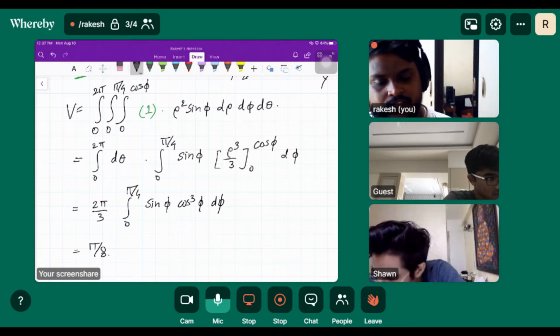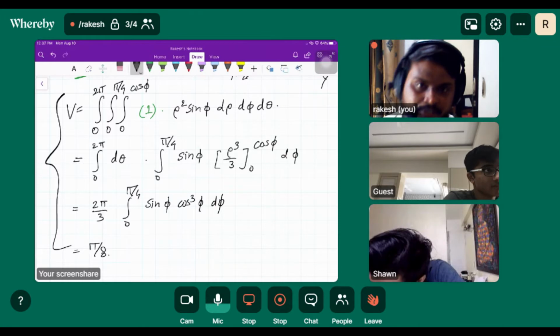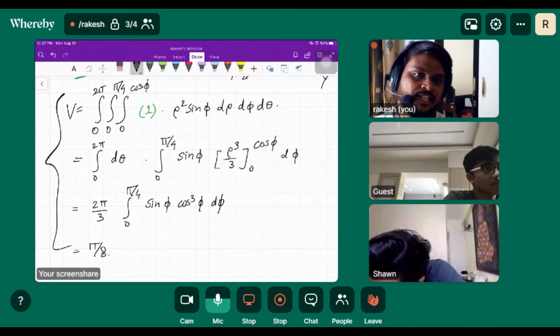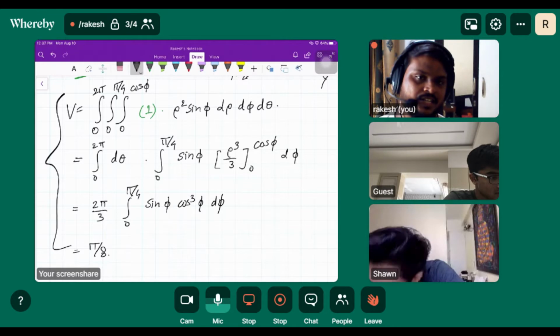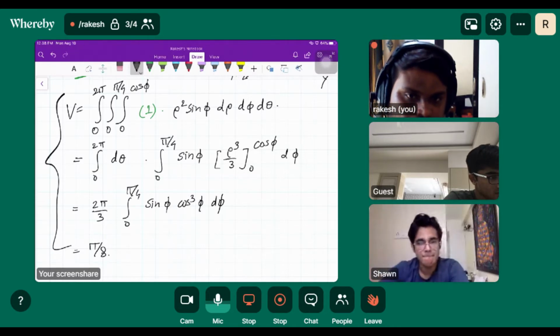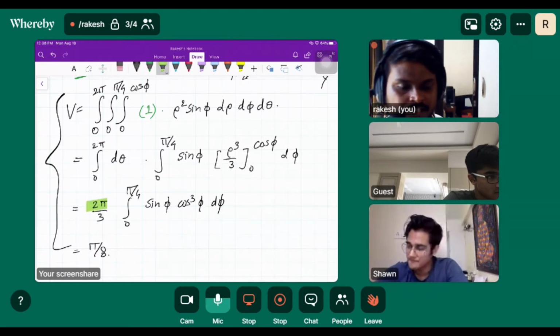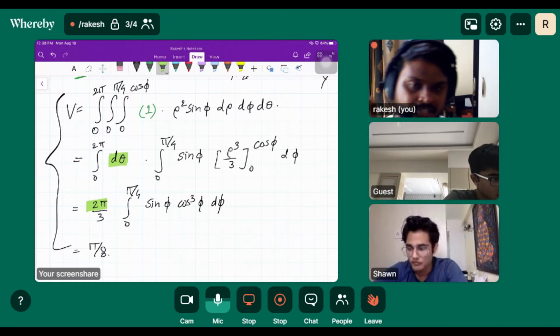See, while solving this integration, you have to catch the black sheep here. Otherwise, you will get zero. The theta is going from 0 to 2 pi. That has to be changed. Either you change that or you just integrate that separately and you have that as 2 pi. Like I did here, I just integrated theta with respect to theta. I got theta and applied the limit.